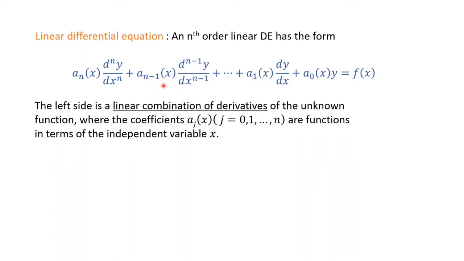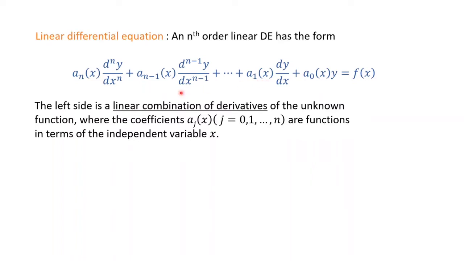So for any x value, they would be constants in the way that we defined linear combinations on the previous page.